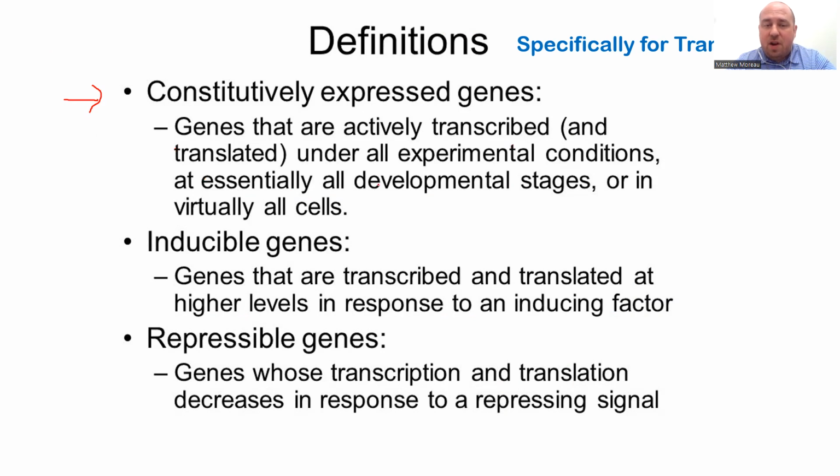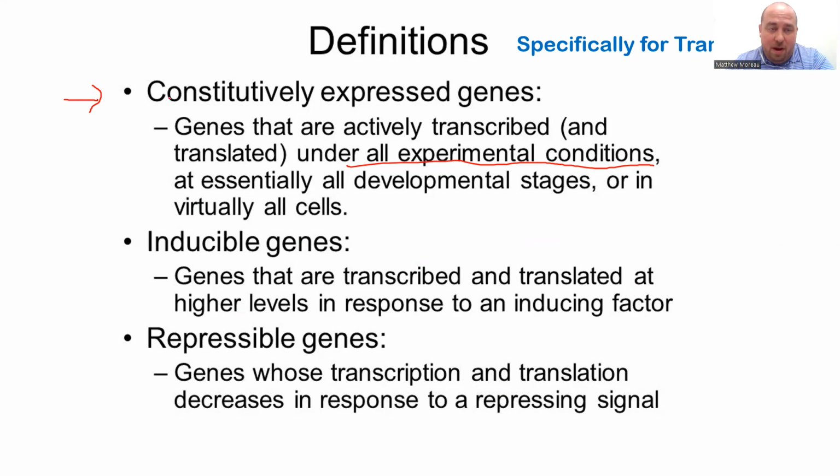So they are actively transcribed under all experimental conditions, meaning that they don't change. These are typically housekeeping genes, essential genes, genes that the cell might spend a lot of energy to produce, but are really essential for cell survival. So the way to thread that middle point is to continuously express them, but at a level by which they don't have to stress the cell to produce more of.